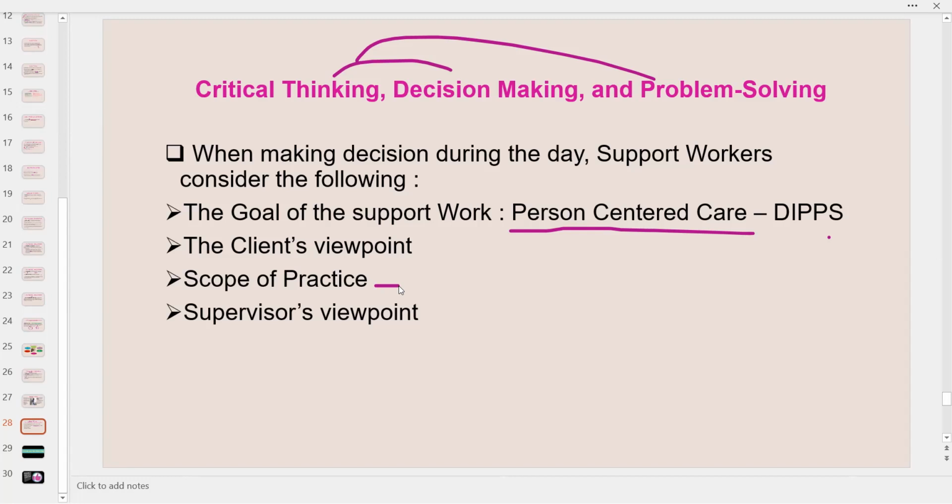Or does the client need another professional to do this type of procedure? The last one is the supervisor's viewpoint. The supervisor will determine whether you are competent to do a certain procedure, whether the procedure is within your scope of practice, and whether the client needs this type of procedure.